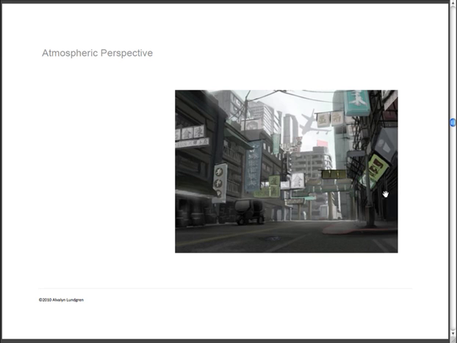The buildings that are closer are darker and more detailed. The buildings that are further away are much lighter, and then of course we have the jet passing over and almost blending into the sky. But we have a sense of depth that is helped along, that volumetric illusion is aided by the atmospheric perspective going on.